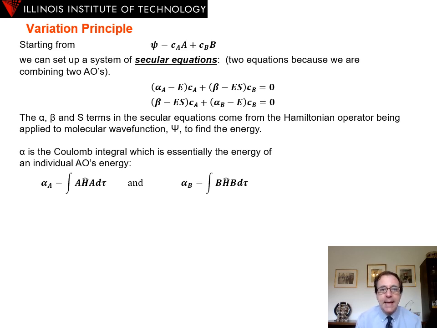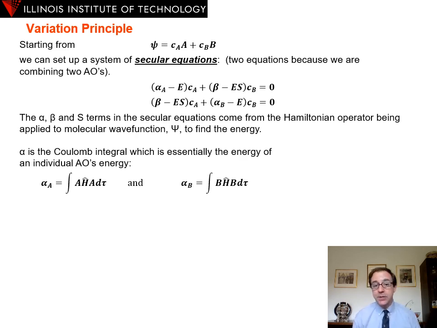That's all that's saying. So that's a way of pulling out what the individual energy of the unbonded atomic orbital represented by the wave function A is. So alpha sub A is the energy of that orbital.